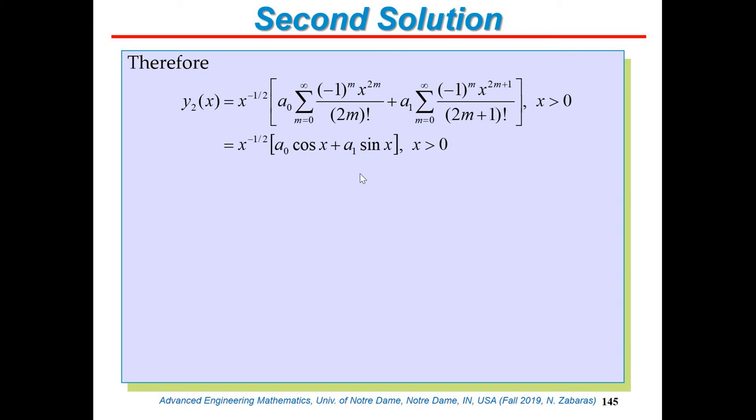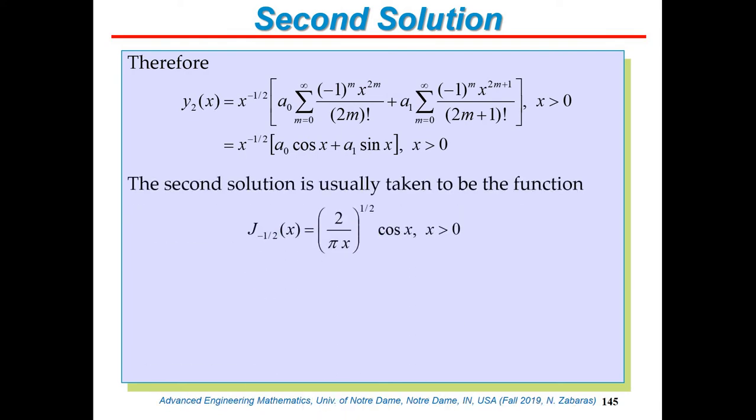And that's your second solution. So we actually have managed to get the solution without doing anything fancy, the way we have seen for the case of two equal roots in earlier lectures. Now, usually we take as the second solution the term that involves only the cosine.